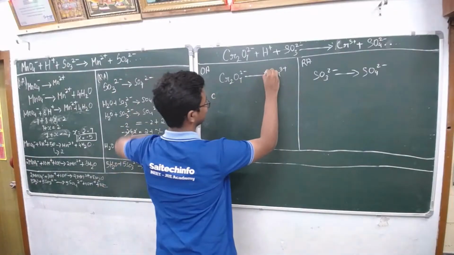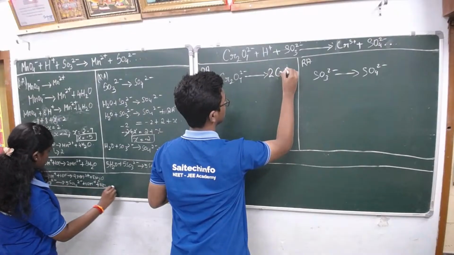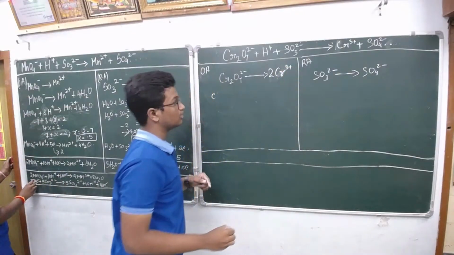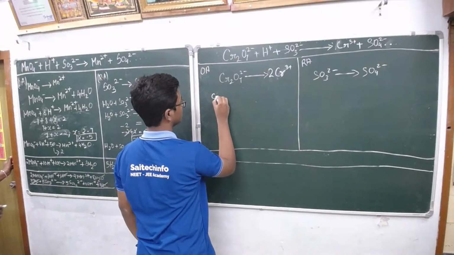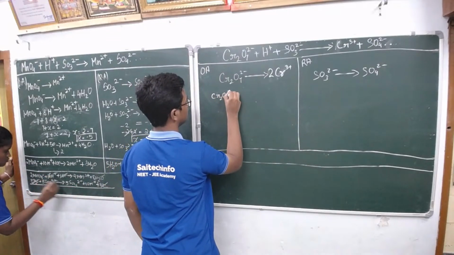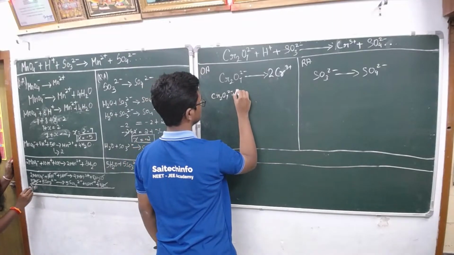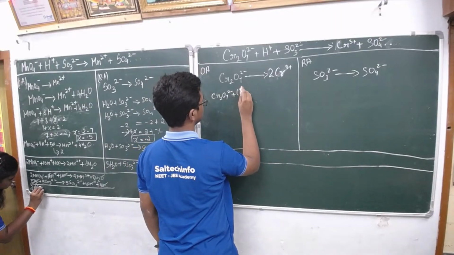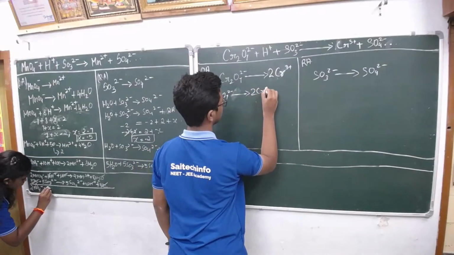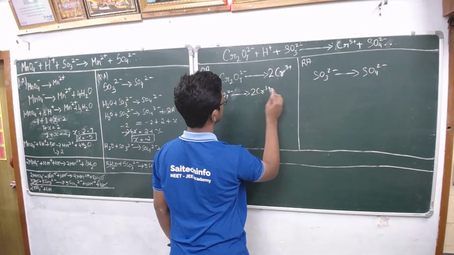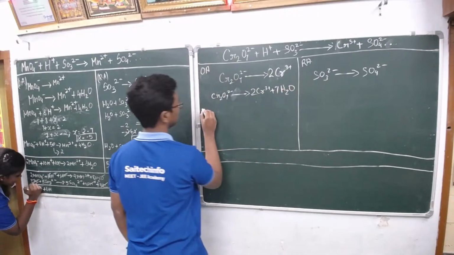So first we have to add 2 moles of chromium because there is Cr2. So Cr2O7 2 minus to form 2 Cr3 plus, and then we are adding 7H2O.